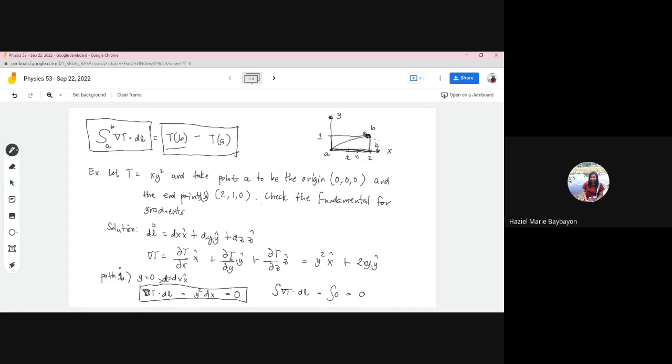And for the second term, we differentiate t with respect to y, so you have 2xy. Okay, thank you. Since t does not depend on z, the component along the z-axis is 0.